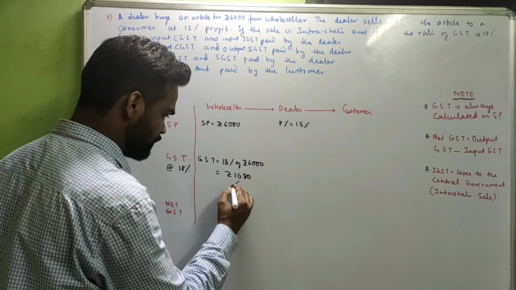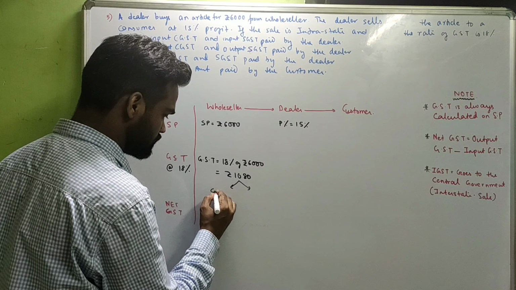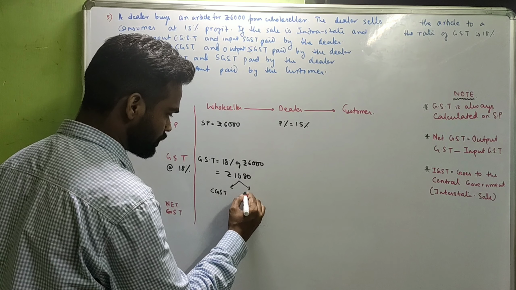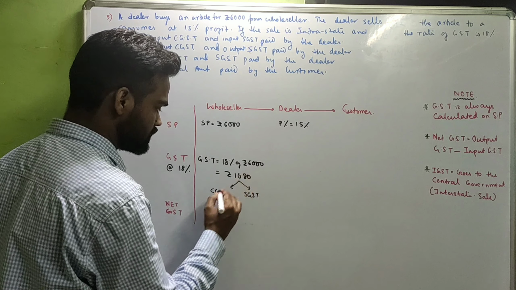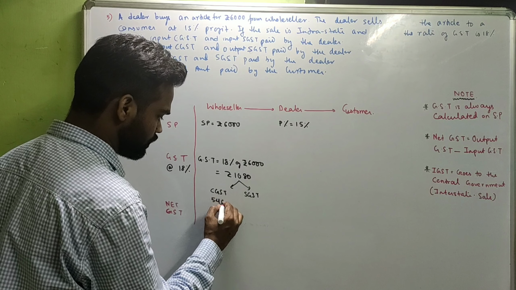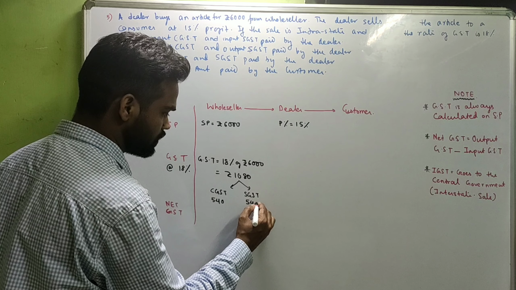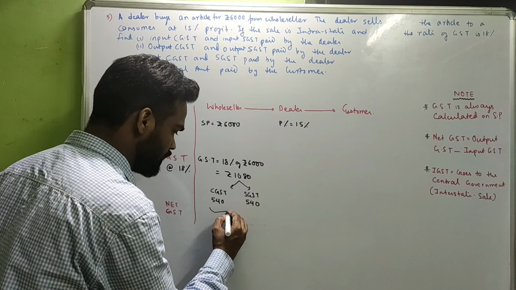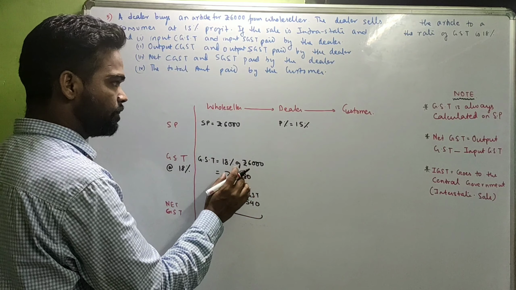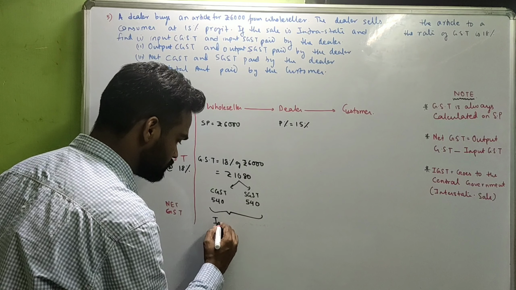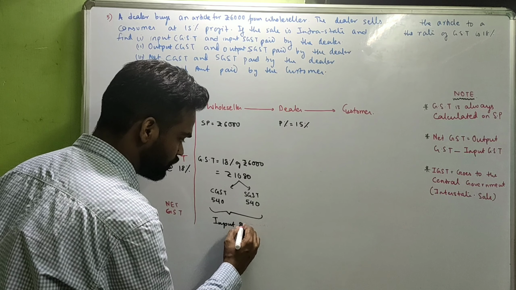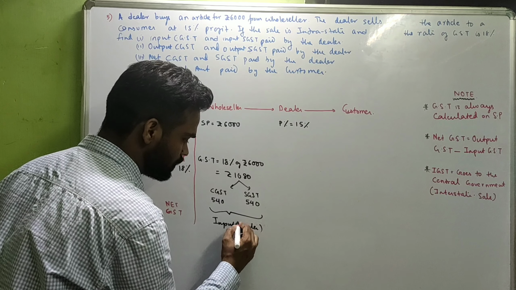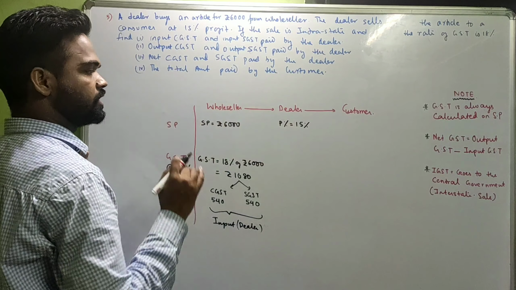Now this will be divided into two parts, CGST and SGST. CGST will be half of this, 540, and SGST will be half of this, which is again 540. And this is nothing but the input for the dealer.